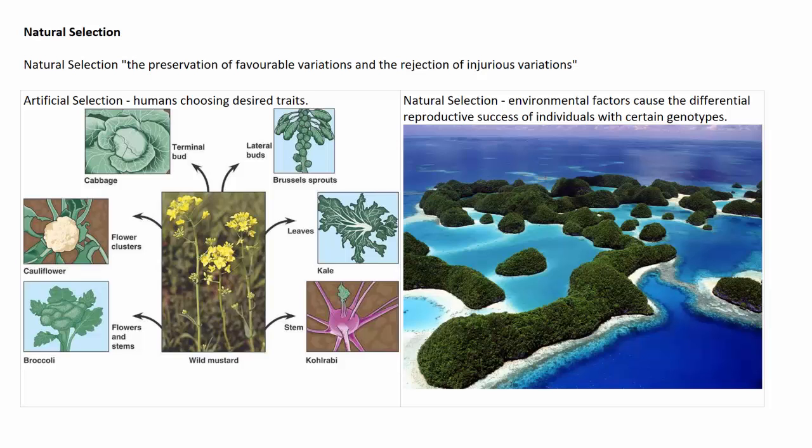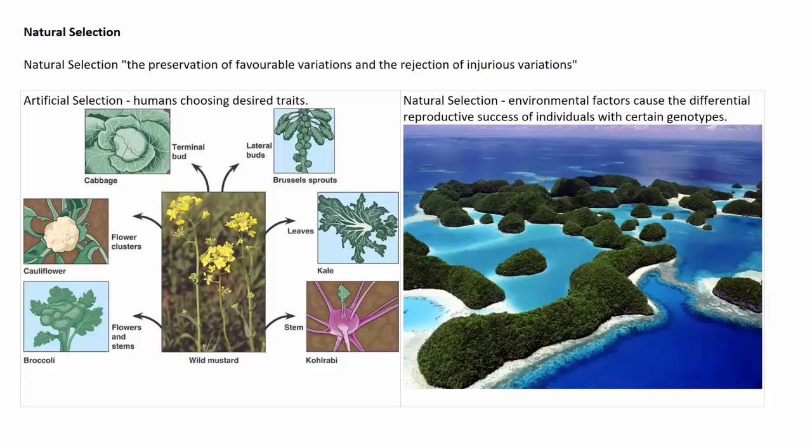If there were finches that had beaks that were better suited to collecting insects on a particular island that was full of seeds as the main food source, then they're not going to be as well adapted to living on that island. Therefore, their likelihood of surviving would be less than that of another individual that had a beak adapted to seeds.